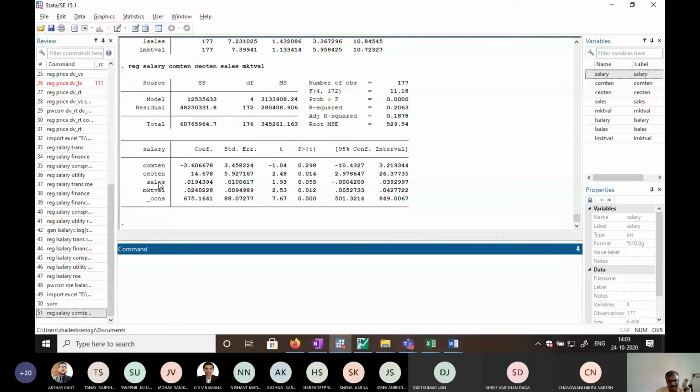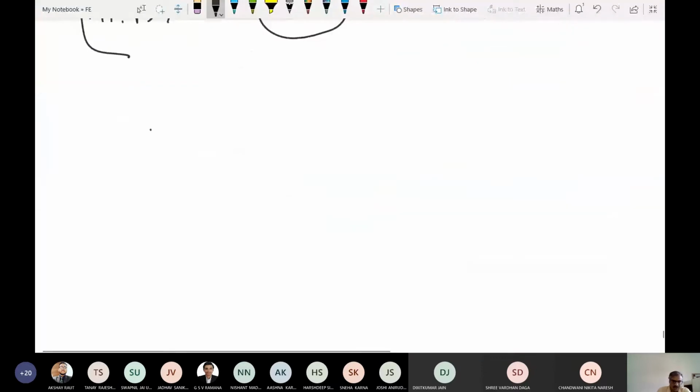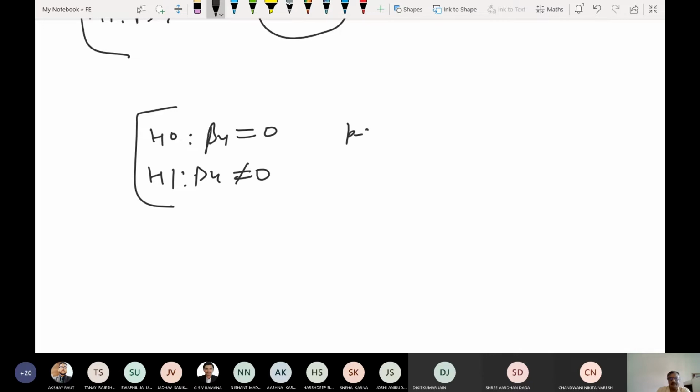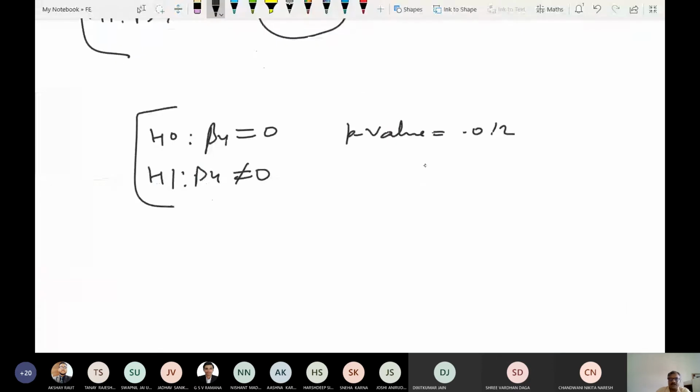You can do both. Moving to market value, it is clear cut, 0.012. 0.012 is clearly less than 0.05. Beta 4 is equal to 0, H alternate, beta 4 is not equal to 0. And what we are finding is that p-value comes out to be 0.012, which is less than 0.05.